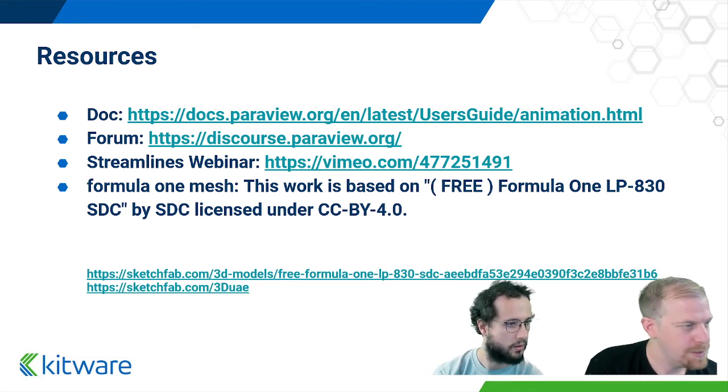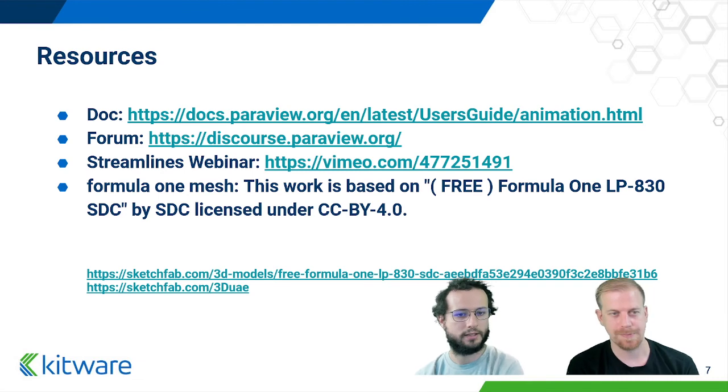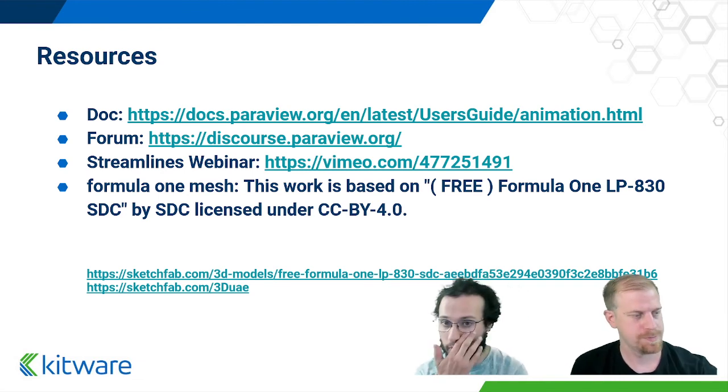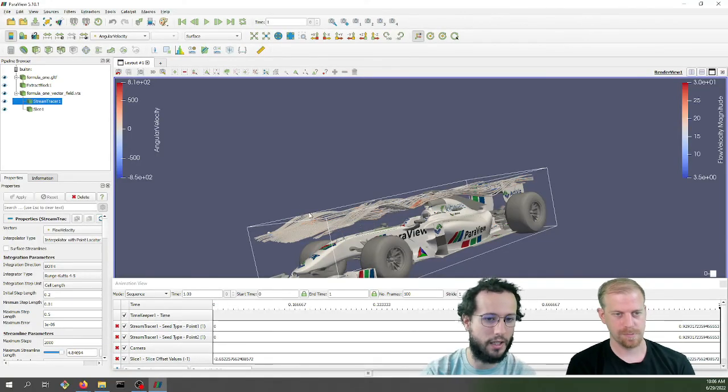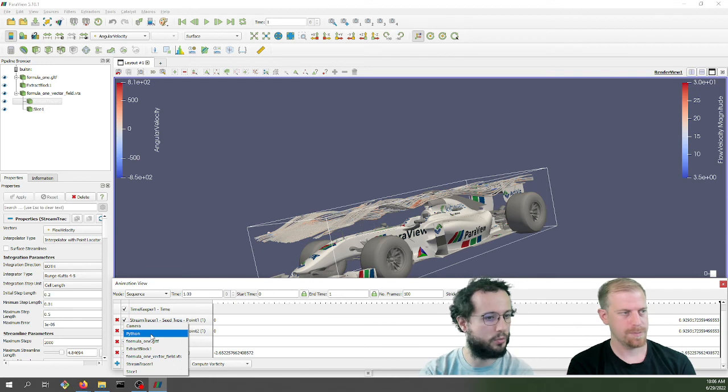Another question. Bruno asks how to execute a Python script at each frame. That's something we did not mention. Yes, that's going further, but effectively, if you test it, you probably saw that there's a Python object you can animate.